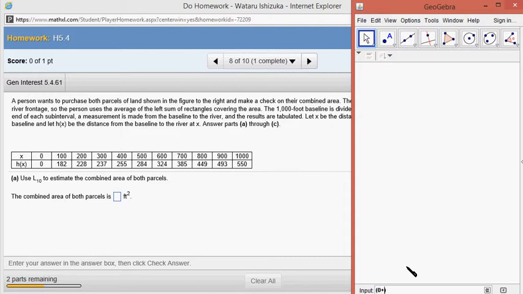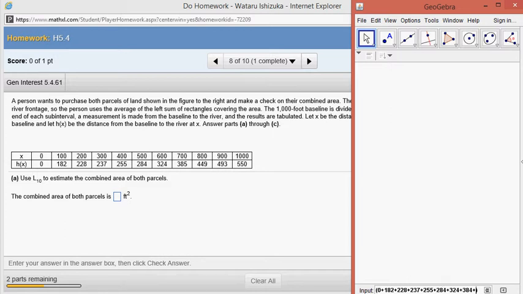And the next one is 182 plus 228 plus 237 plus 255 plus 284 plus 324 plus 384 plus, actually I think I messed it up.